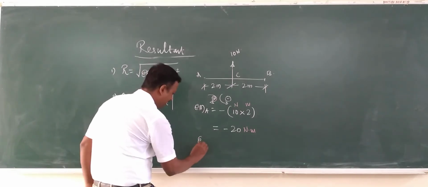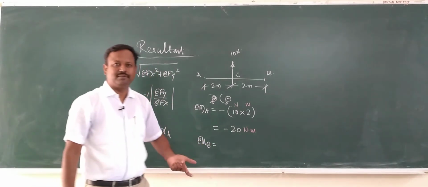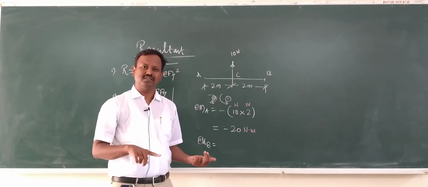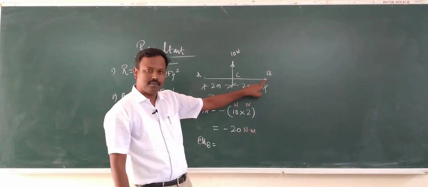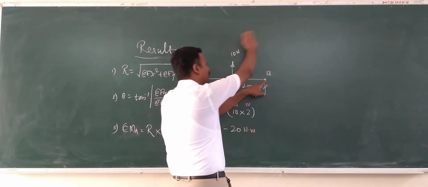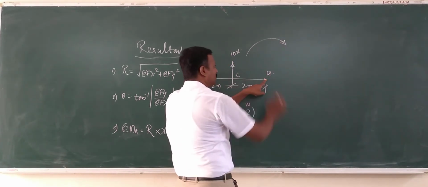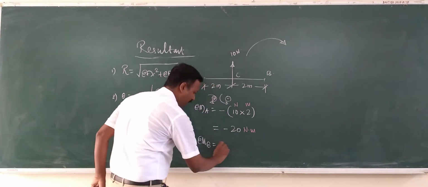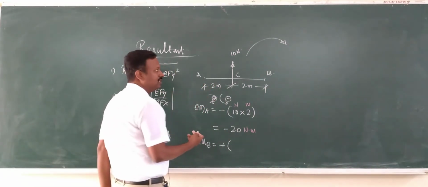Similarly, sum of moment at B point I will go for. Sign conventions are same, clockwise positive, anti-clockwise negative. Now sum of moment at B point: put your finger at B point, rotate that force with respect to that finger, it will rotate like this. So it will rotate clockwise, that's why plus sign for that, as we are considering clockwise positive and anti-clockwise negative.